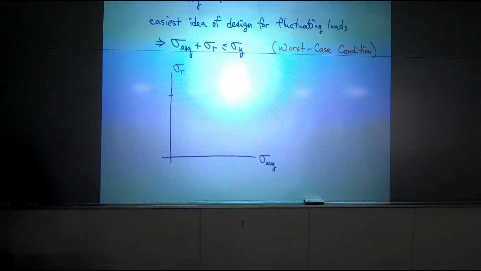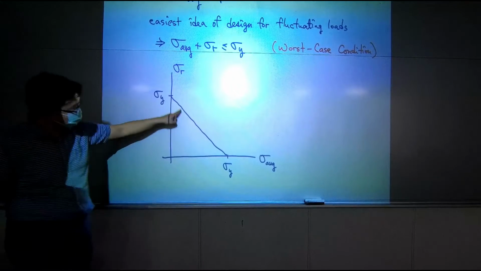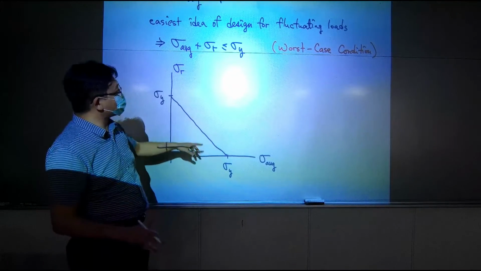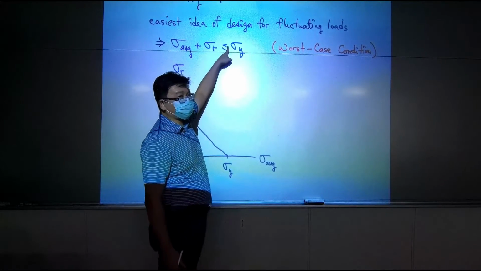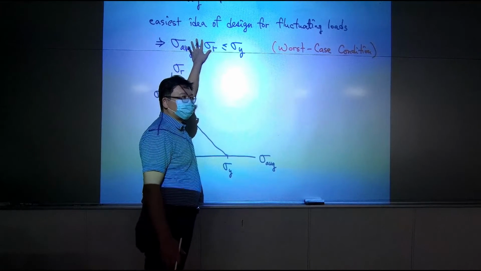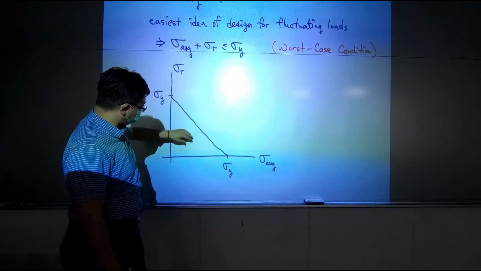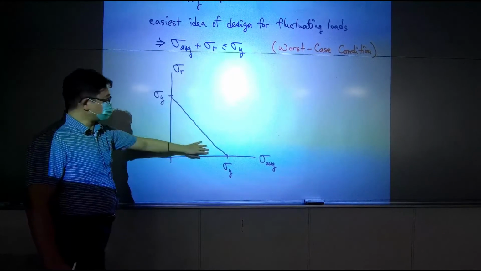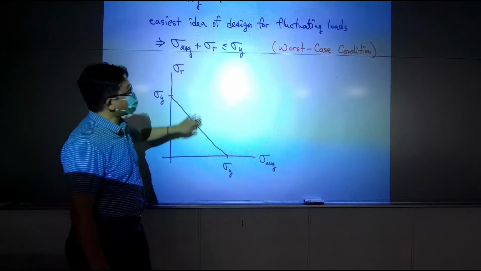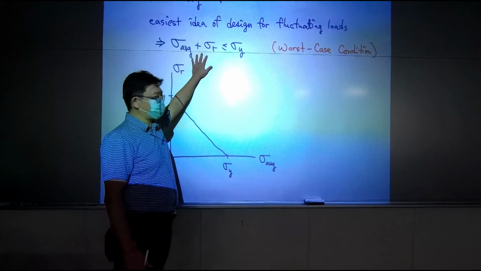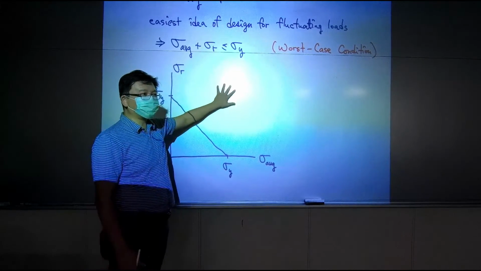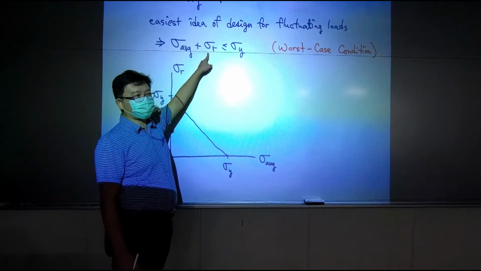You have a straight line right here. And this is sigma y, sigma y. So this straight line represents the equal sign condition for this equation. So if you have a load condition, it's on the left lower corner inside this triangle. It satisfies this equation. On the other side, it violates the condition.